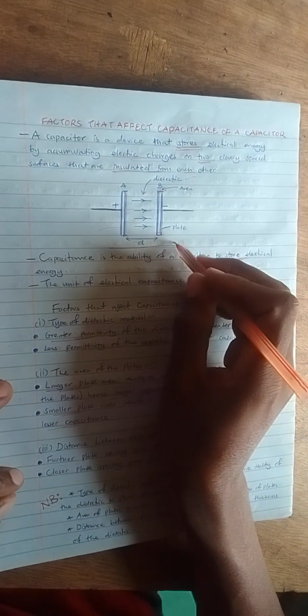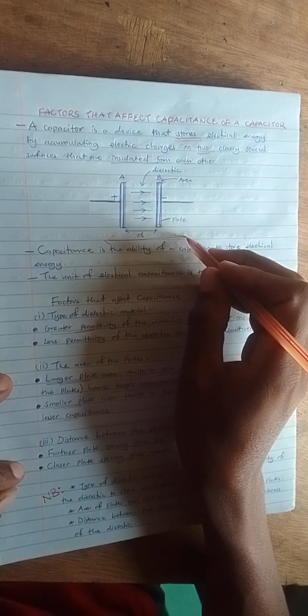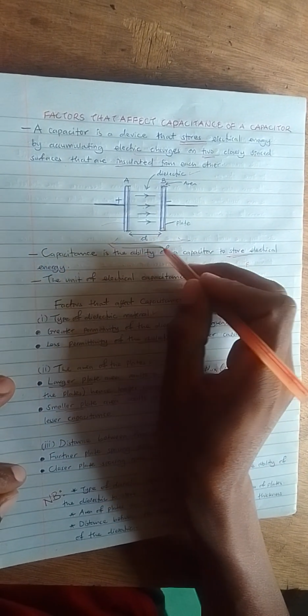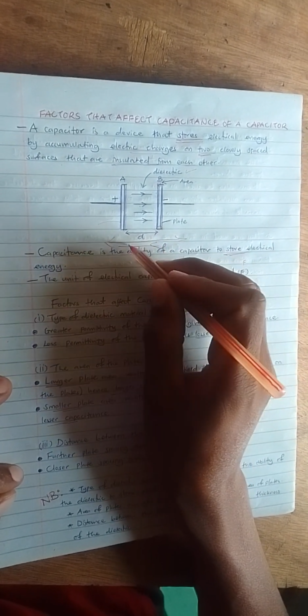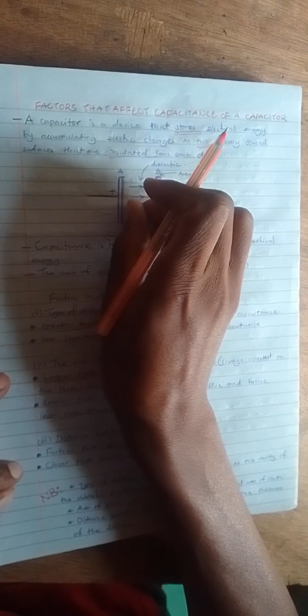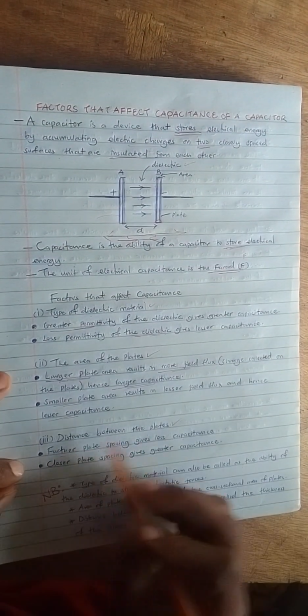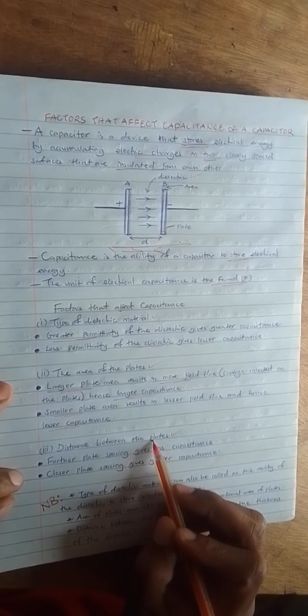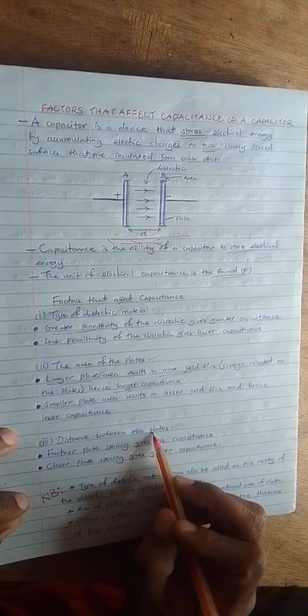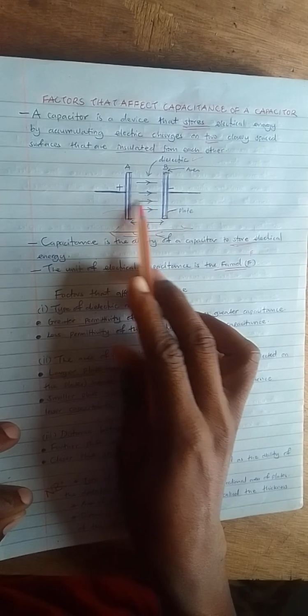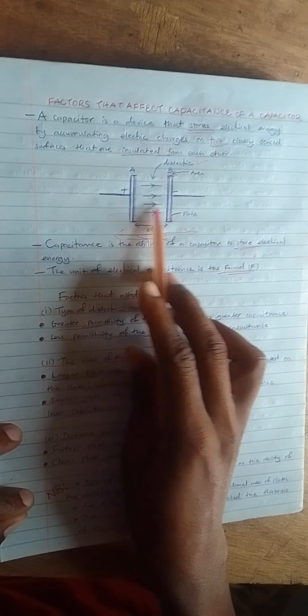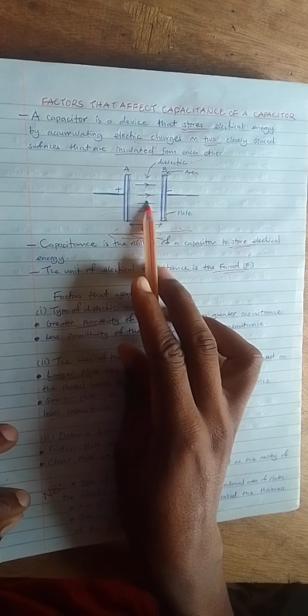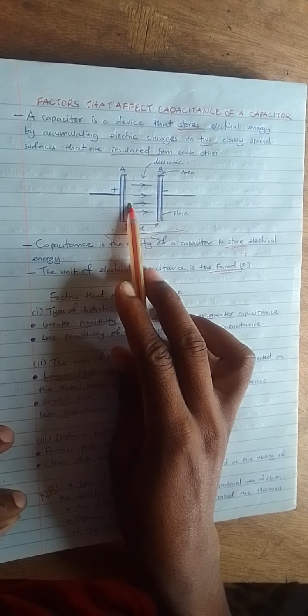As you put them aside, you reduce the capacitance; as you bring them closer together, you increase the capacitance. So the distance between the plates is inversely proportional to the capacitance, because as the distance increases, the capacitance reduces, while as the distance reduces, the capacitance increases.